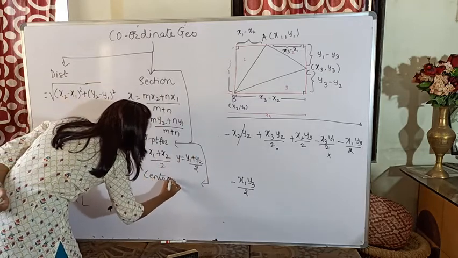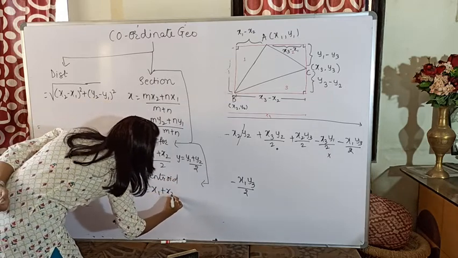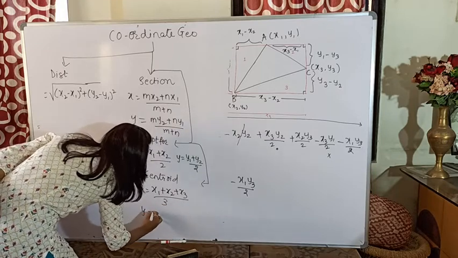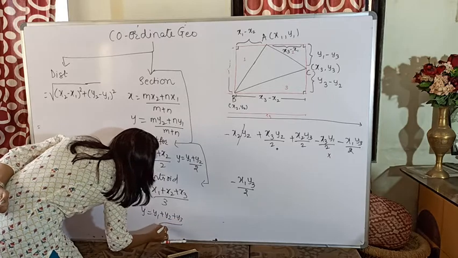So in case of centroid, x was given as x1 plus x2 plus x3 divided by 3, whereas y was given as y1 plus y2 plus y3 divided by 3.